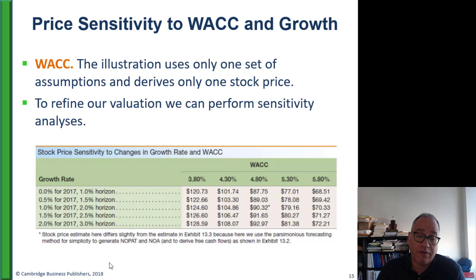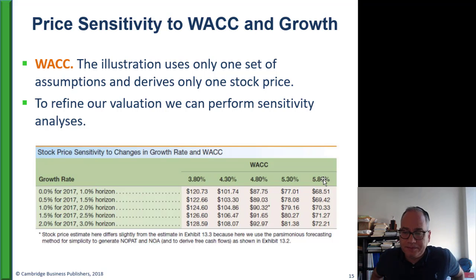I don't know what the growth rate is going to be. So what different numbers would come out with different growth rates and different weighted average costs of capital? If I assume my weighted average cost of capital is 4.8%, which I think it is, and then I lower my growth rates, how is that going to influence these different valuations? So here are the numbers, and if the market value is in the 80s, then if your weighted average cost of capital went up to 5.3 or 5.8, this isn't a good investment anymore.